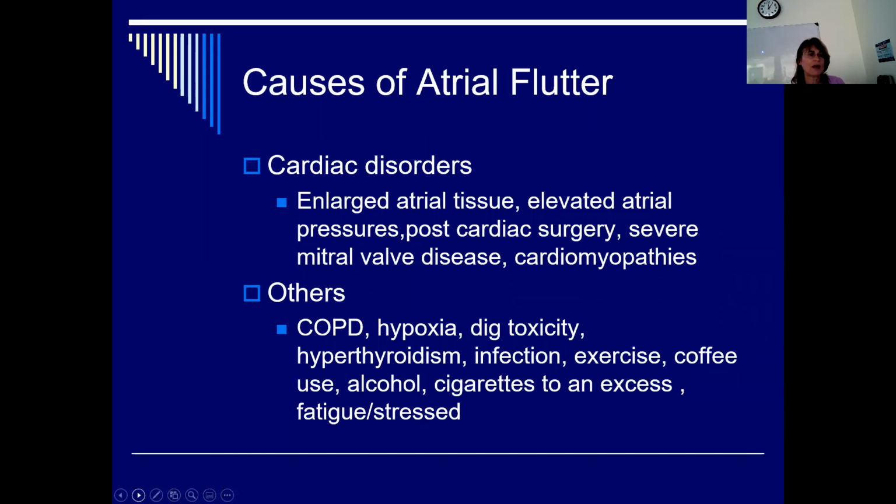It's from cardiac disorders. Is there anything here to memorize? Not really. Can it happen with patients that have COPD? Yes. Can it happen with low oxygen in the blood? Yes. Digoxin toxicity, and then there's a bunch of other things. I don't want you to have to memorize all these lists.